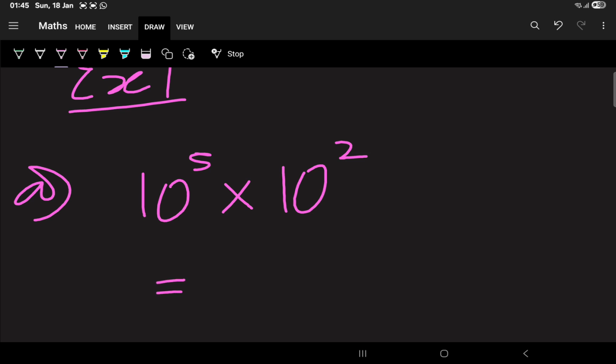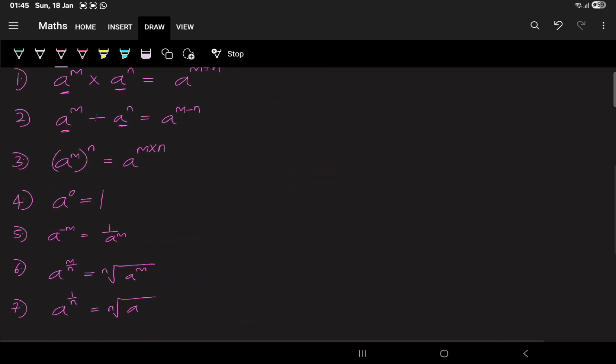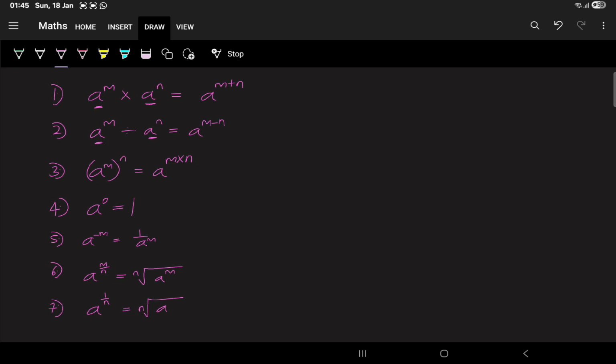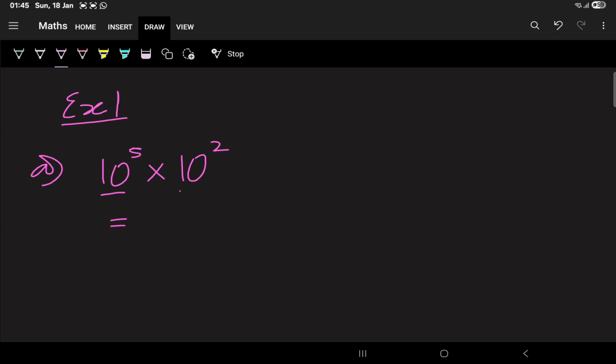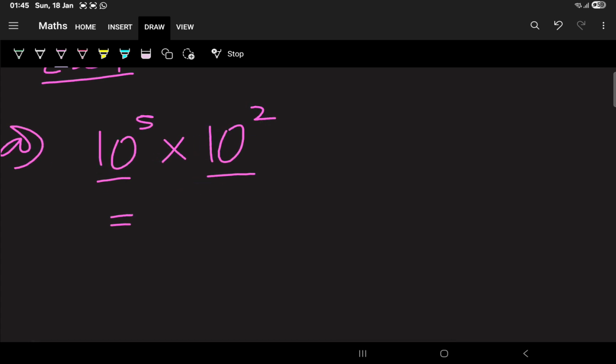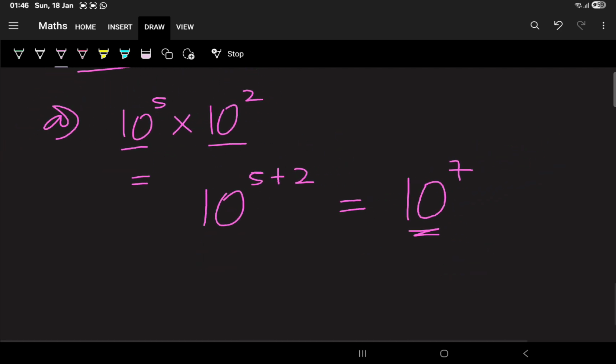Now, from the laws we have, law number 1 will work best. Same base, so we can use the law of multiplication of indices. So this is going to be 10 raised to the power of 5 plus 2. This is going to be 10 raised to the power of 7. And this is faster than the traditional method.